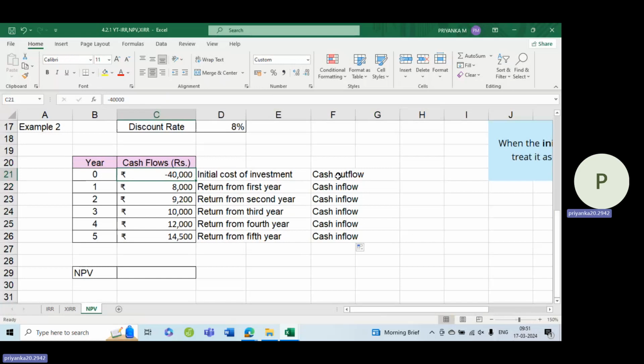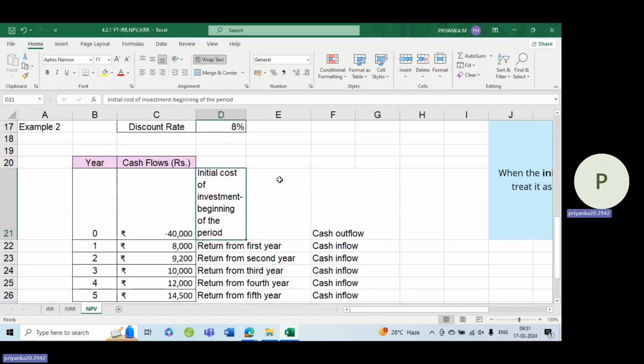So always, as we have seen for the previous problems, we'll be introducing a minus sign for our cash outflow, and this initial cost of investment is at the beginning of the period. So we have to remember that.